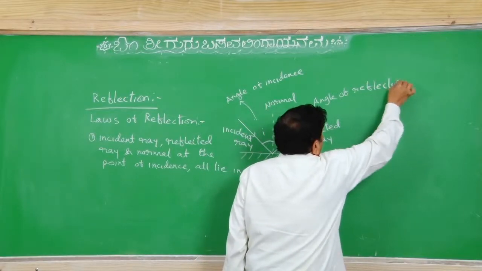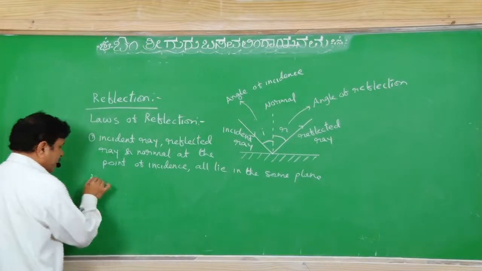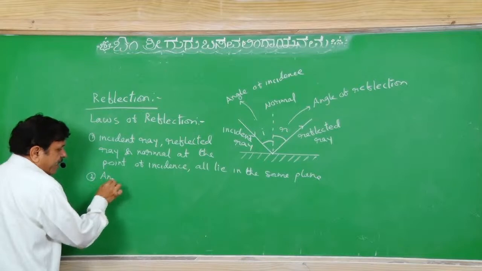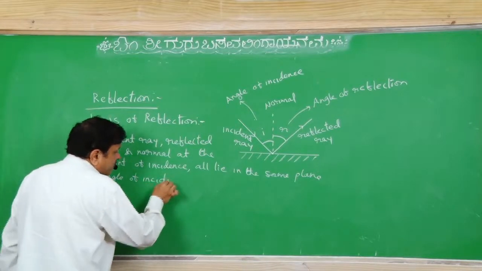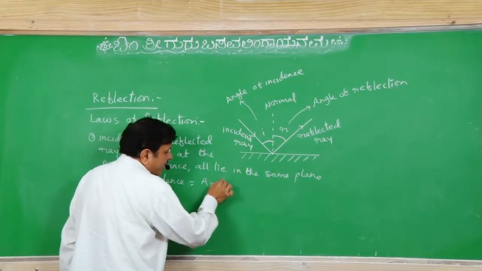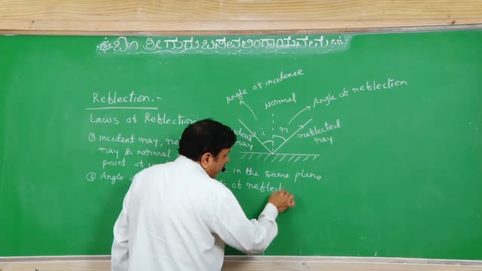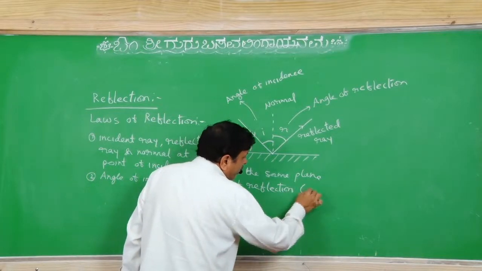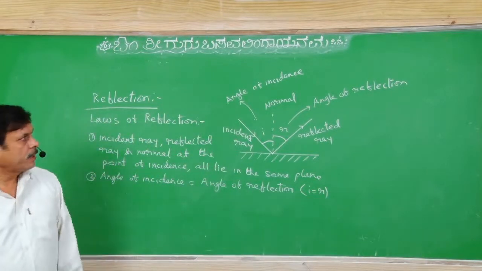The second law states that the angle of incidence is always equal to the angle of reflection. We can write this as i equals r.